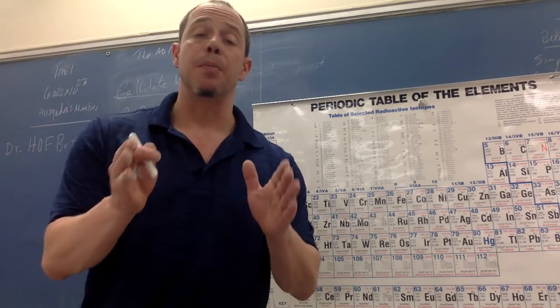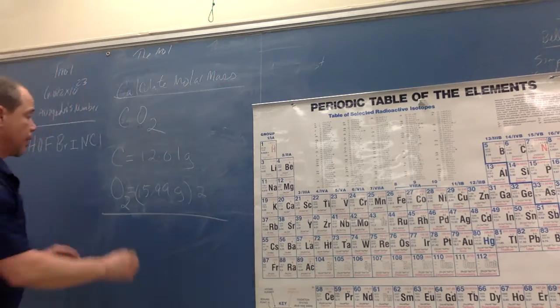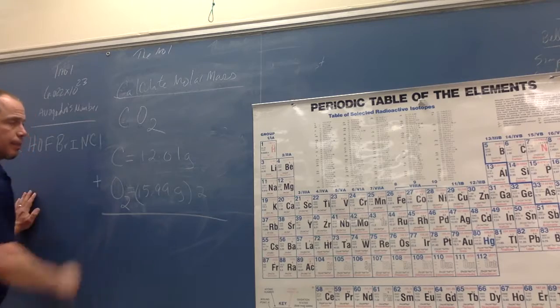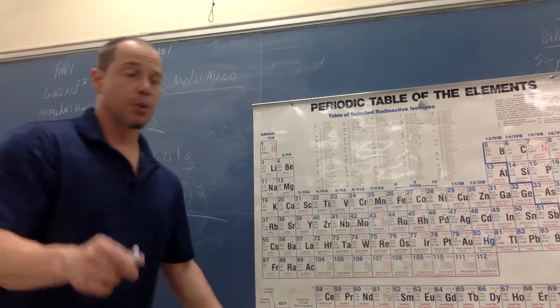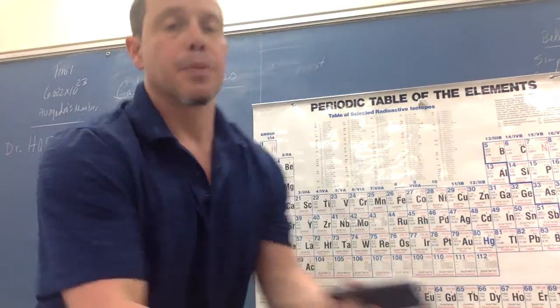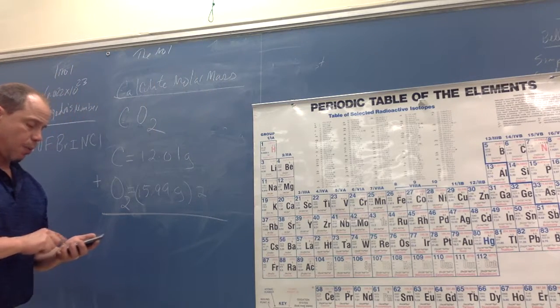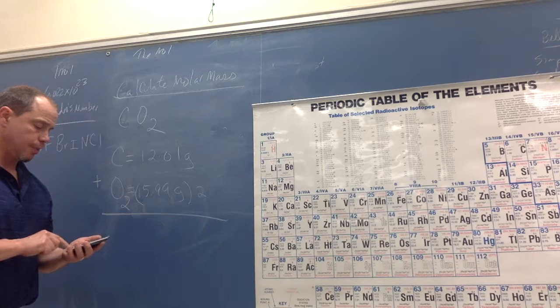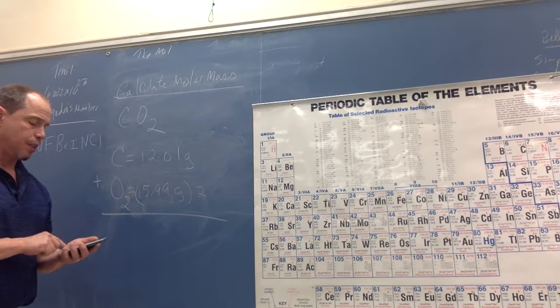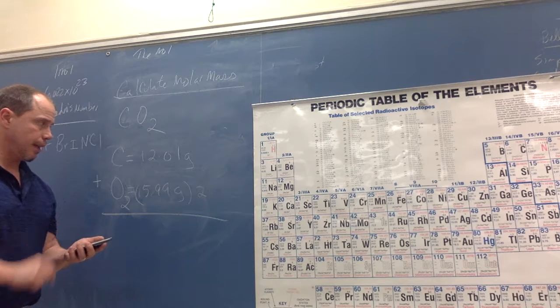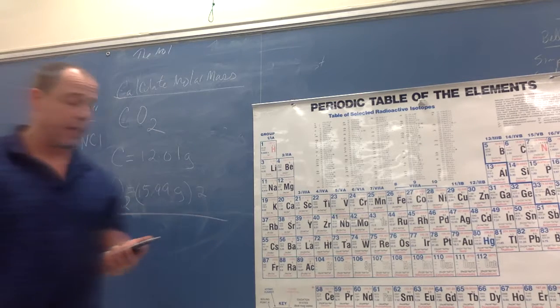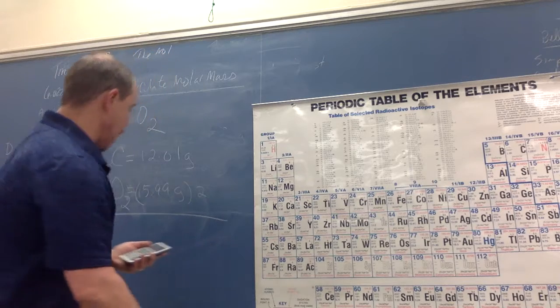Add these together to find the molar mass of the compound. So I'm going to add them together and get an answer. Here's where you get to use your calculator. So you break out your calculator, you do 15.99 times 2 equals, then add 12.01 grams to it, it equals, and I got 43.99 grams.